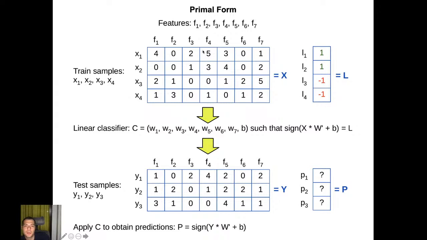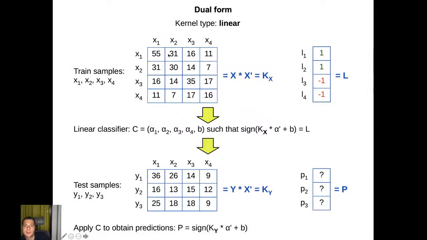So we have 2 plus 15, 17 plus 12, 29 plus 2, 31. So the scalar product between x1 and x2 is 31, and of course the scalar product between x2 and x1 is also 31.